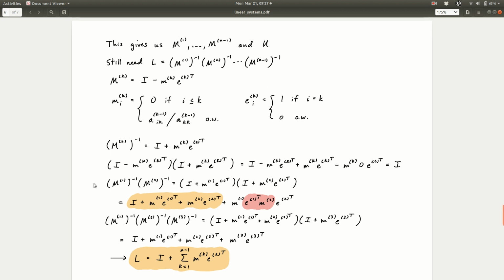Something interesting happens here. If we multiply this out, we get something similar: I plus M1 E1 transpose plus M2 E2 transpose plus this inner term, M1 times E1 transpose times M2 times E2 transpose.